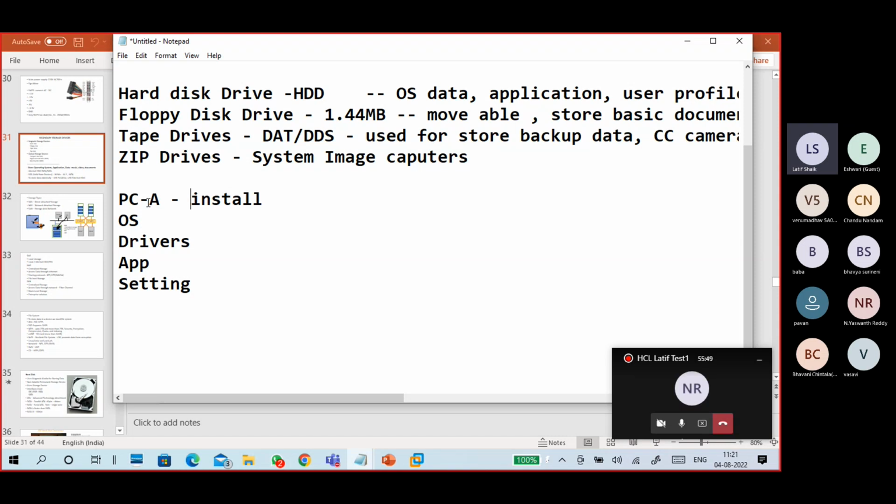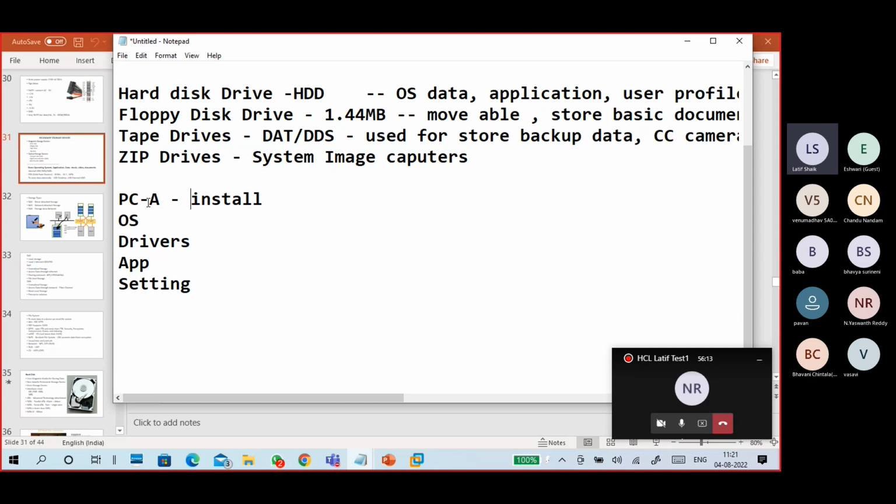Remove the operating system and everything, then install the operating system. Clean up all the systems, install the OS, install drivers. It's an old PC, right? So install the operating system, drivers, and required applications. Required applications are VMware Workstation.